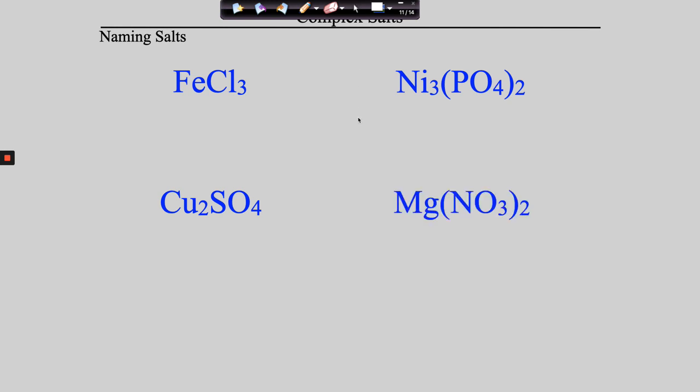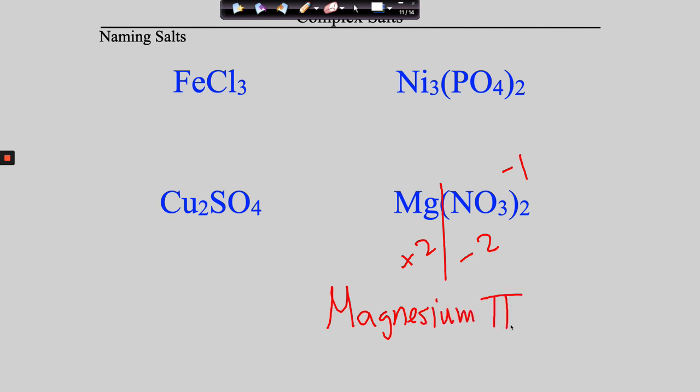All right, so guys, the last one we're going to do is MgNO3 and we split this in half, and then we find NO3 up on our yellow sheet, and NO3 is -1, and just like Abby got us thinking, -1 times 2 is -2, so this is +2, and the +2 is divided by 1, and so we come along and we go magnesium 2, and then NO3 is not nitrite, it's nitrate.